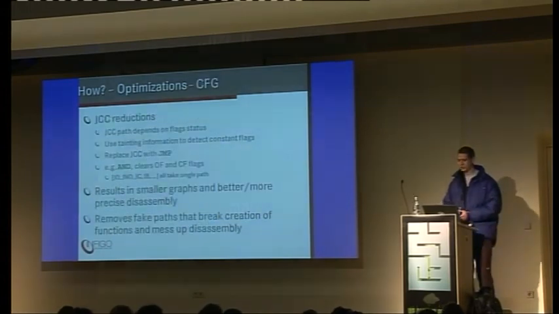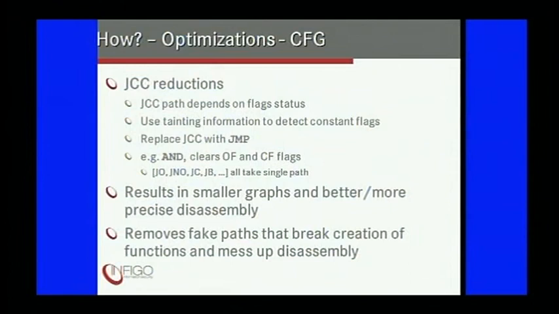So, conditional jump reductions: conditional paths depend on flag status. You can use taint information to get the flags on which a particular conditional jump depends. Use a backward algorithm to scan where this flag is set, and with semantic information, you can deduce if this flag is set always, sometimes, or never.